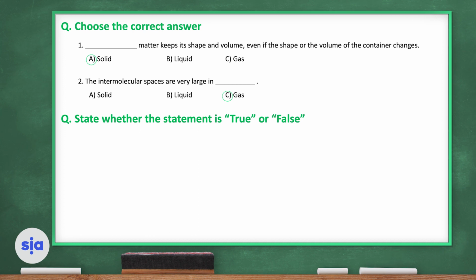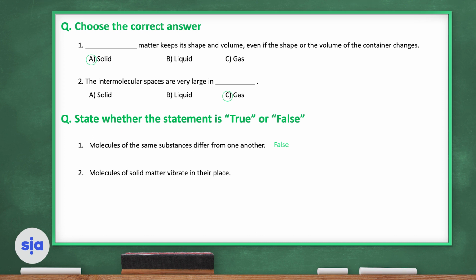State whether the statement is true or false. Molecules of the same substances differ from one another. False. Why? Because the same substances have the same kind of molecules. The water in the river and the water in the cup, both are water, so the water molecules are the same.